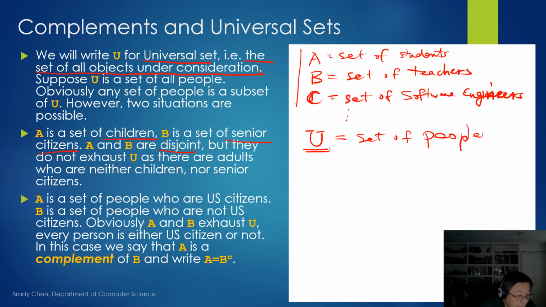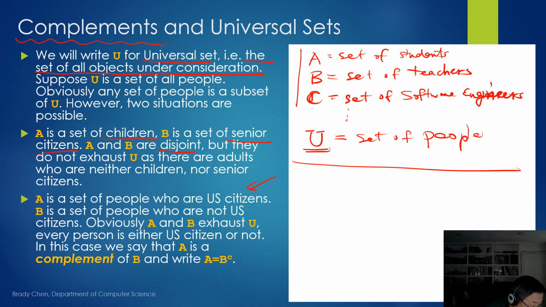Now, with the definition of a universal set, we can define another operation called complements. Let's take a look at this case. A is a set of people who are US citizens. B is a set of people who are not US citizens.